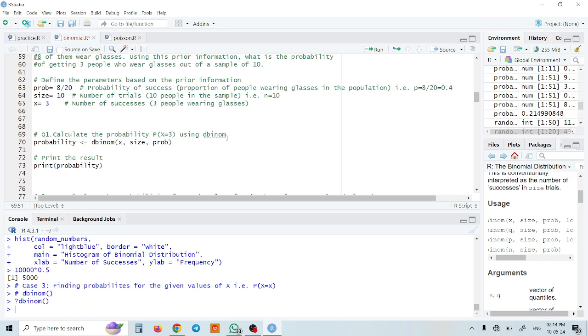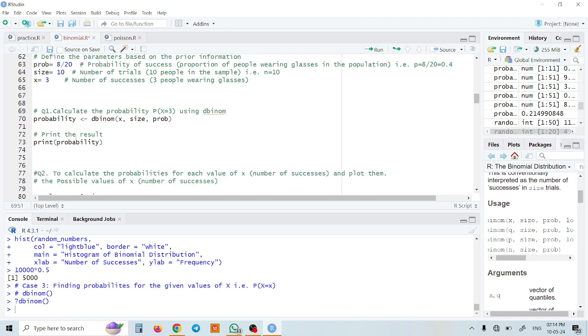We will do this using the dbinom function, with the arguments x equal to 3, size 10, and probability 0.4, which we have already assigned. Now we will run this.